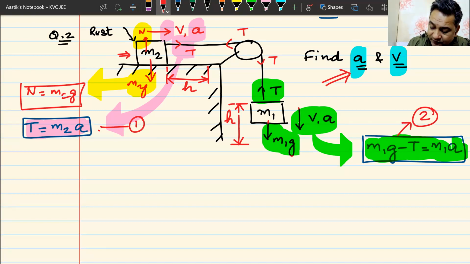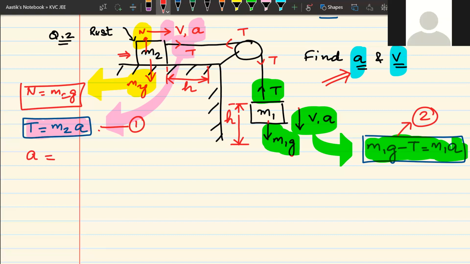Can anyone tell me what is the value of a? We have done so many questions of this nature in the previous chapter. What is the value of a? Wrong.